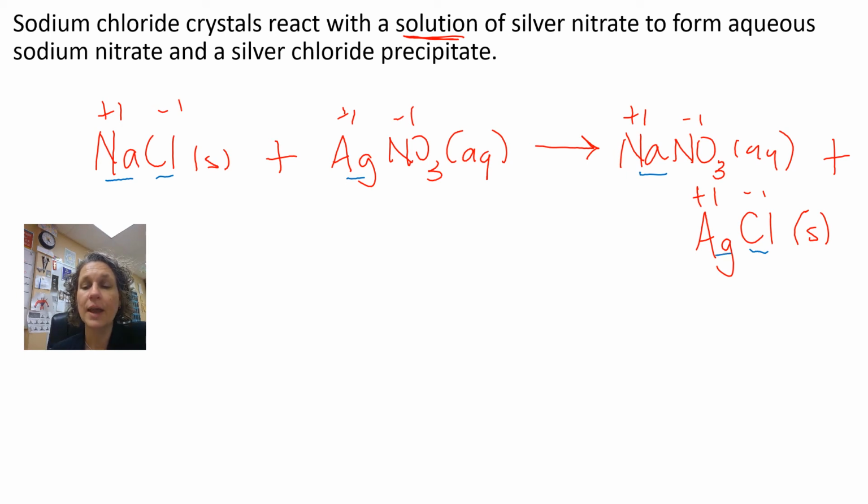Now, the NO3, you can balance individually, the N's and the O's, or if the nitrate stays together on both sides of the arrow, you can balance it as a group. So I have 1 nitrate and 1 nitrate, or we could have said 1 N, 3 O's, 3 O's. So this one was already balanced. If you were putting in the coefficients, everything has a 1 in front of it. Okay, and so that is writing and balancing.